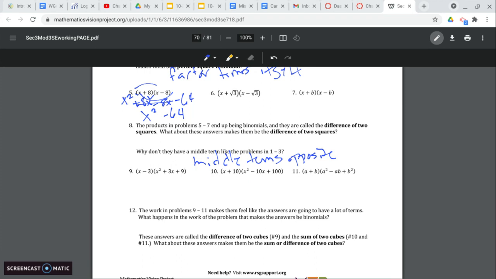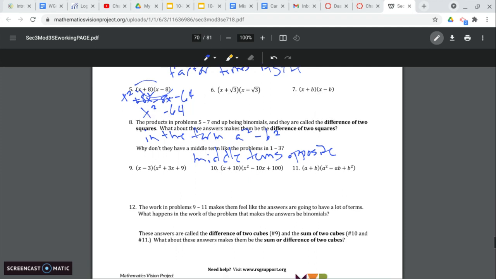What makes them be a difference of two squares? In the form a squared minus b squared. So a is squared and b is squared, and they are subtracting. So that's why they're in this form. So you're going to have subtraction for all of these. You're going to have your a term squared and your b term squared.